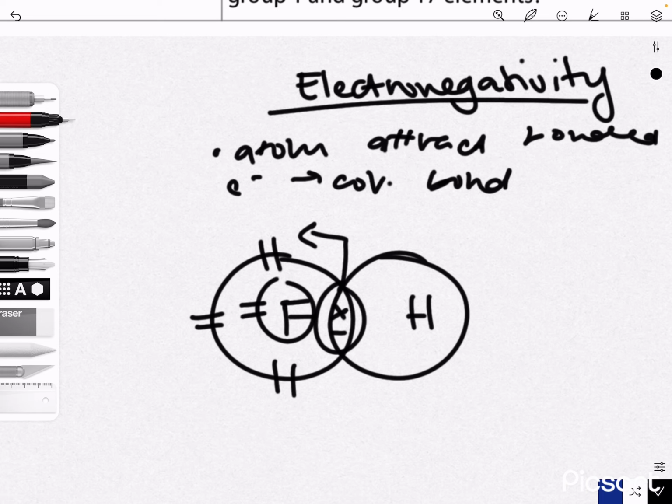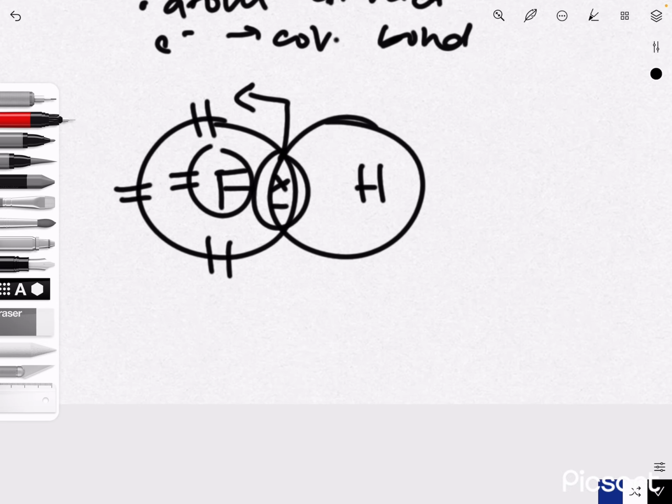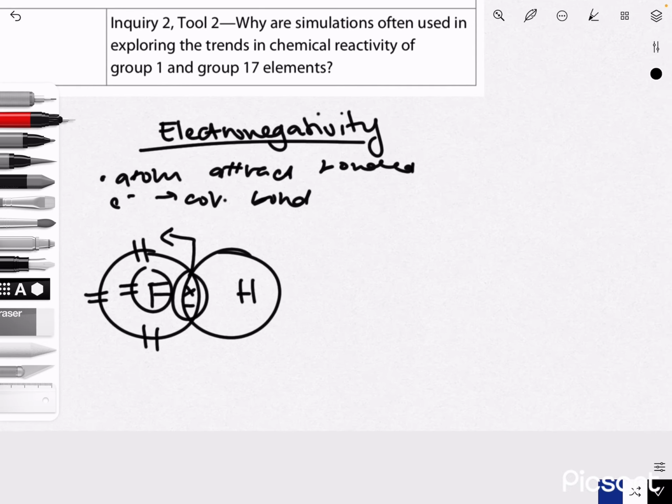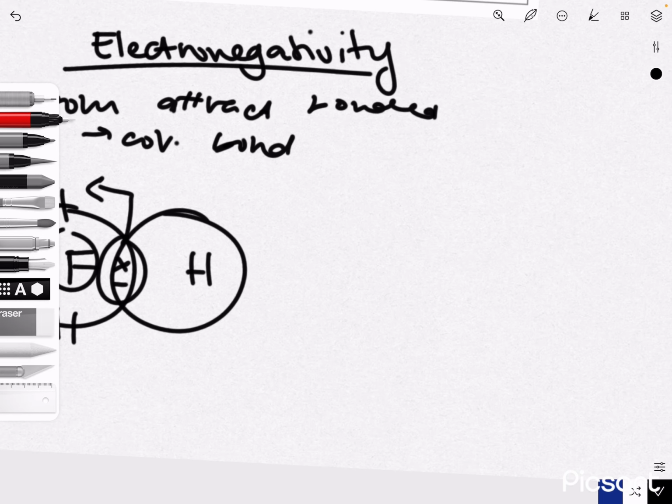Non-metals generally are more electronegative than your metals. And let's just try to visualize this a little bit better.